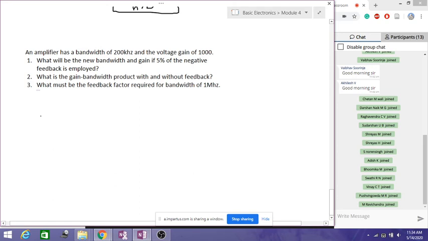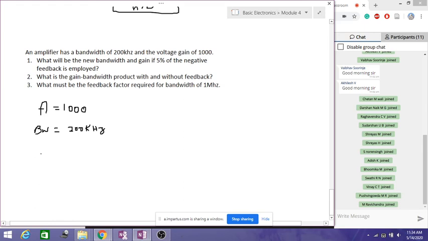So the gain A of the amplifier is equal to 1000, and the bandwidth we are talking about is 200 kilohertz. Now the first question is, what will be the new bandwidth if 5% negative feedback is employed?